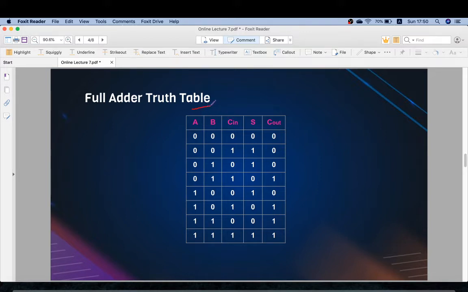As there are three inputs, three variables A, B and carry in, and two outputs, as per the steps we will take the same designing steps we take in combinational logic circuits or in the half adder. After understanding the problem, the second step was to name the variables. So we name A, B and C in for the inputs and S and C out for our output variables.